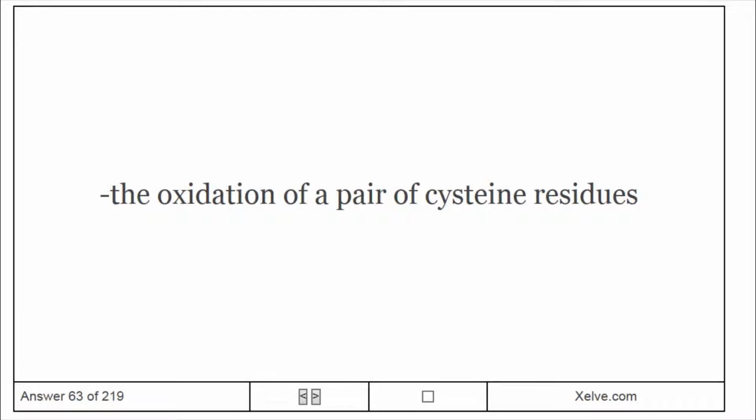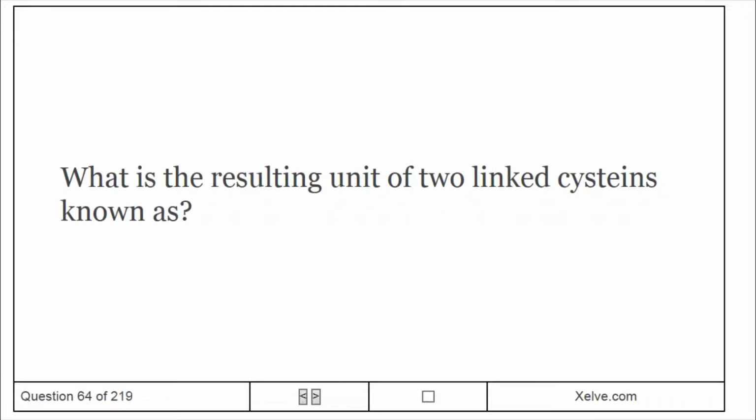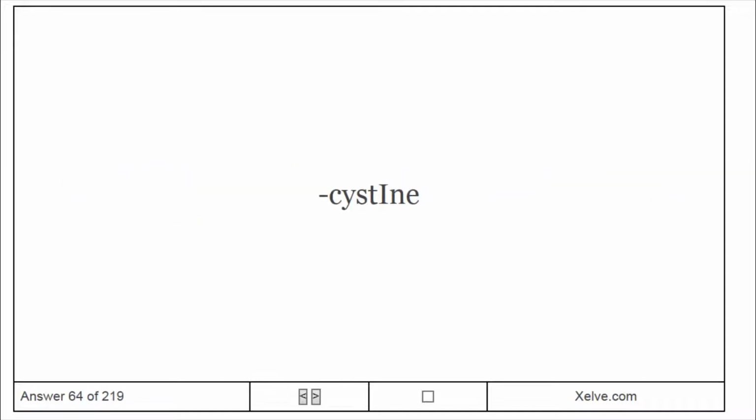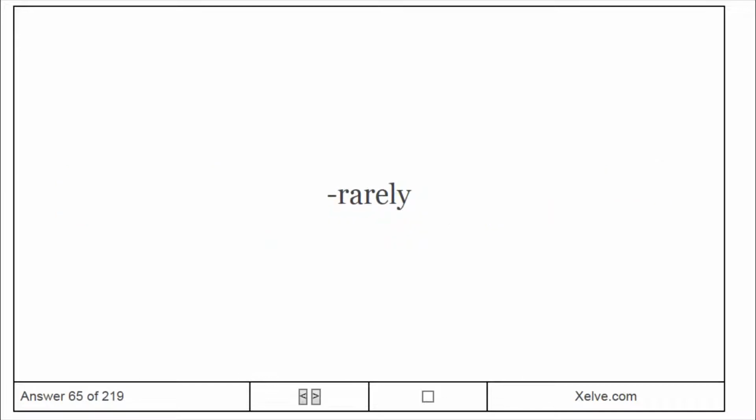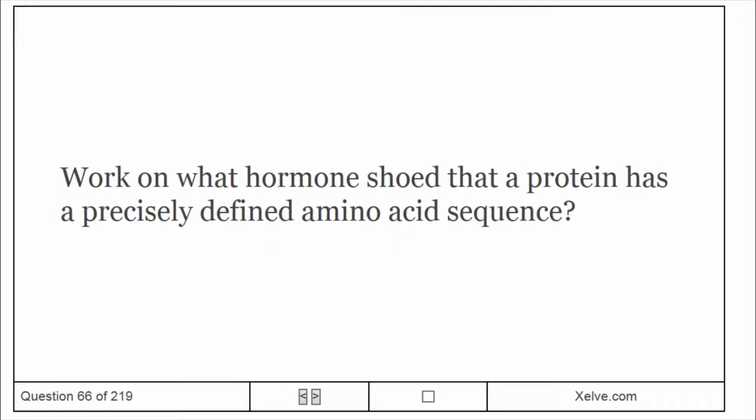The oxidation of a pair of cysteine residues. What is the resulting unit of two linked cysteines known as? Cystine. Are non-disulfide cross-links derived from other side chains ever present in proteins? Rarely.